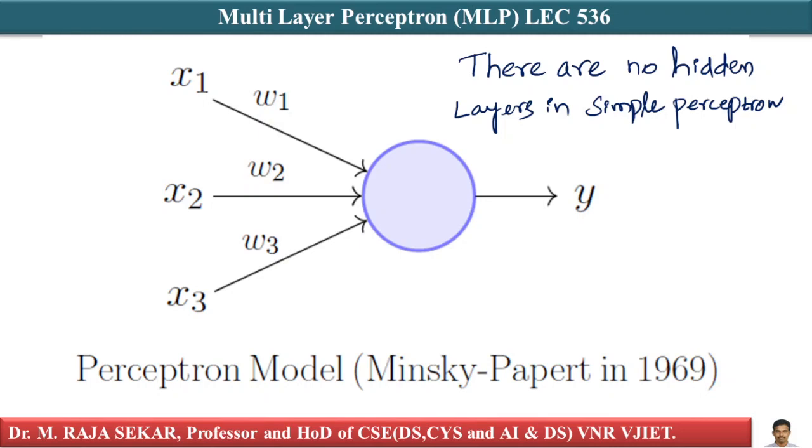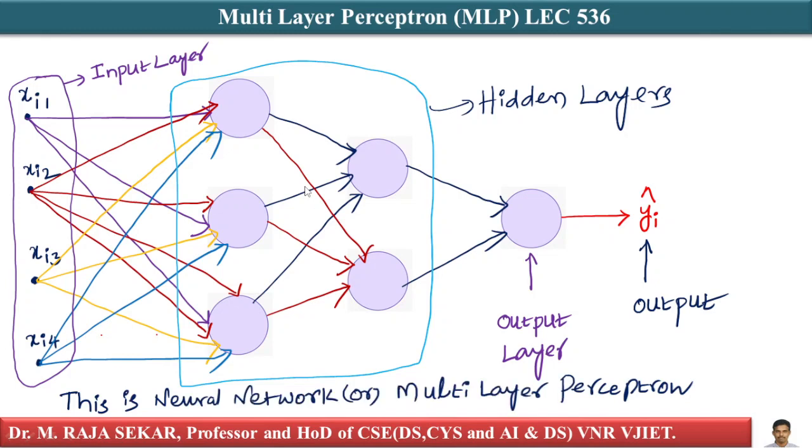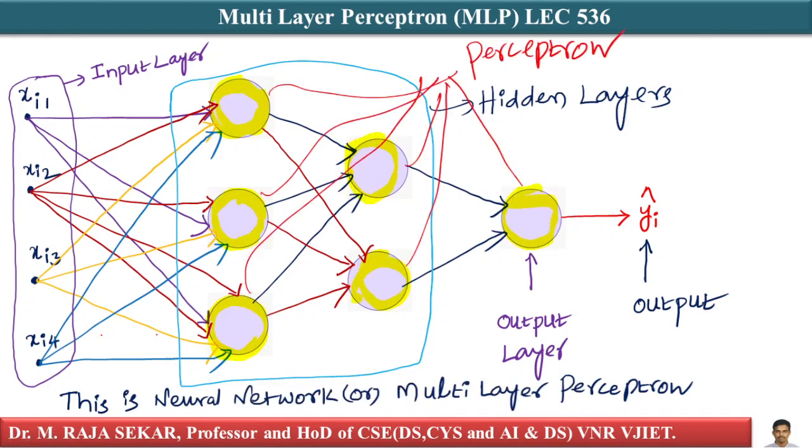A neural network, which is also referred to as a multi-layered perceptron, because there are multiple layers here, and each of these could be thought of as a perceptron. These are perceptrons, isn't it?